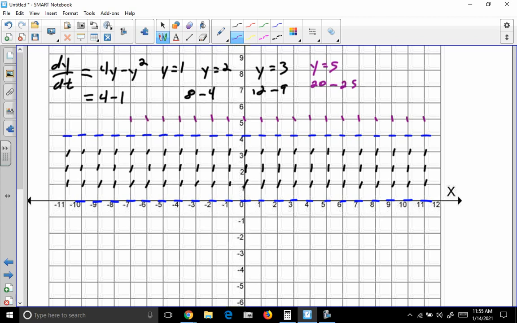Bob Ross would say lots of pretty little dashes. Y equals 6. 4 times 6 is 24. 6 squared is 36. So that's the slope of what? Negative 12. So that's really steep. Almost straight up. Not quite straight up, but it's very, very steep.